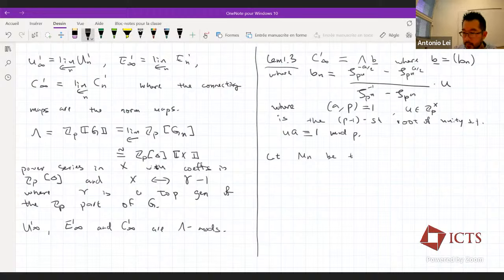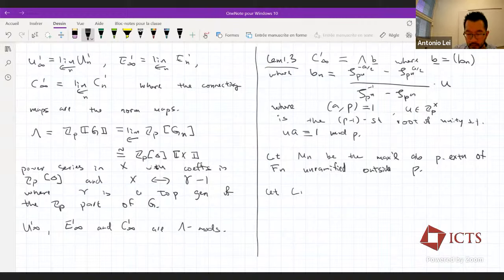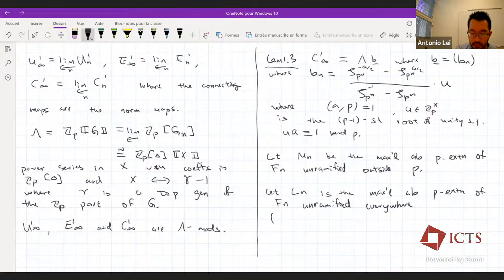Okay, so right now, I'll tell you what groups we want to study. M_n will be the maximal abelian p-extension of F_n that is unramified outside p. L_n is the maximal abelian p-extension of F_n that is unramified everywhere. So this is essentially the p part of the Hilbert class field.